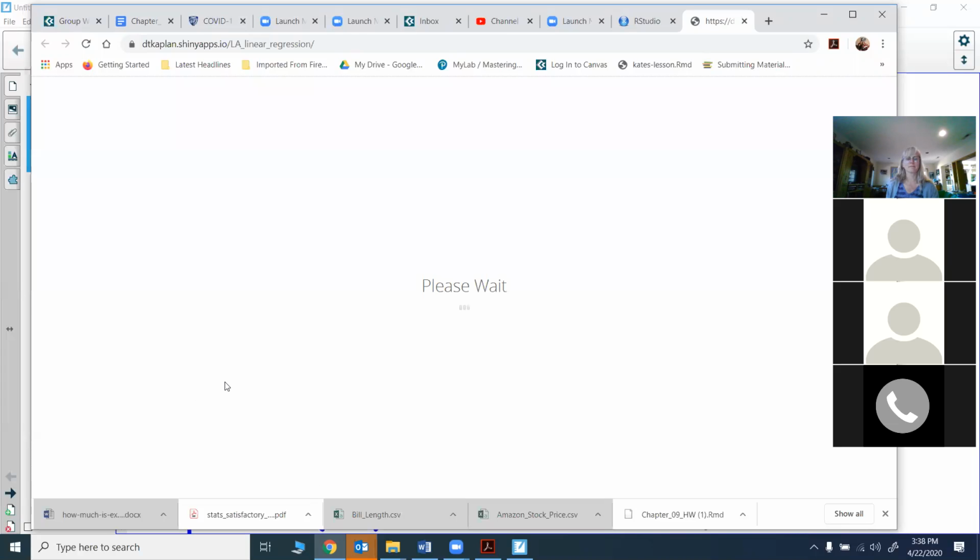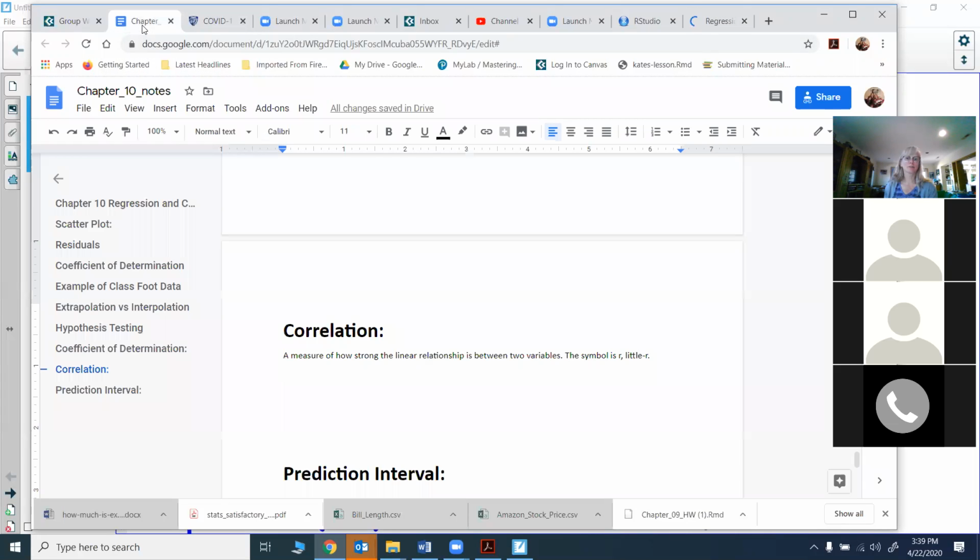I have to reload anyway. I know that was so frustrating because then you'd get a different data set. I know, it's terrible when that would happen. It doesn't seem like it wants to work. But we can get this thing called little r.